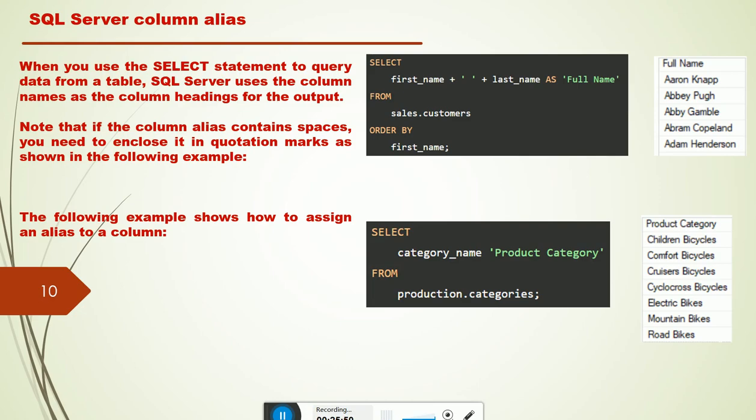See here, SELECT first_name + ' ' + last_name AS 'full name' FROM sales.customer ORDER BY first_name. See the heading of the field you have specified as full name, and then the name of the customer.